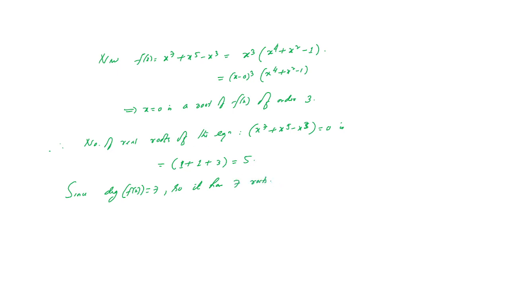Out of 7, 5 roots are real, so the remaining roots will be complex. And consequently, we conclude that the number of complex roots is 7 minus 5, which is 2.